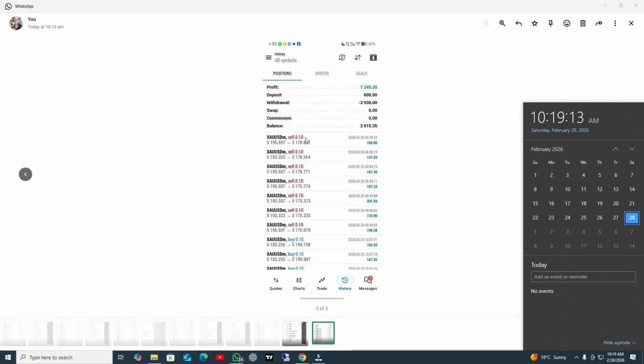It means Saturday. Also Thursday: today is Saturday, and on Thursday you can see it gave us a profit of around, you can see this one.